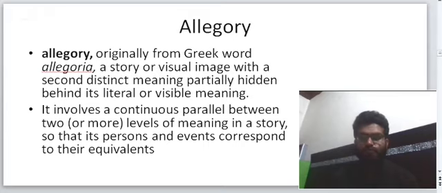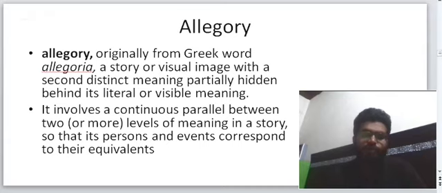So, it has two meanings. One meaning is the surface meaning and the other is hidden, that is implied. So, this is actually the writer's way of conveying certain ideas indirectly.